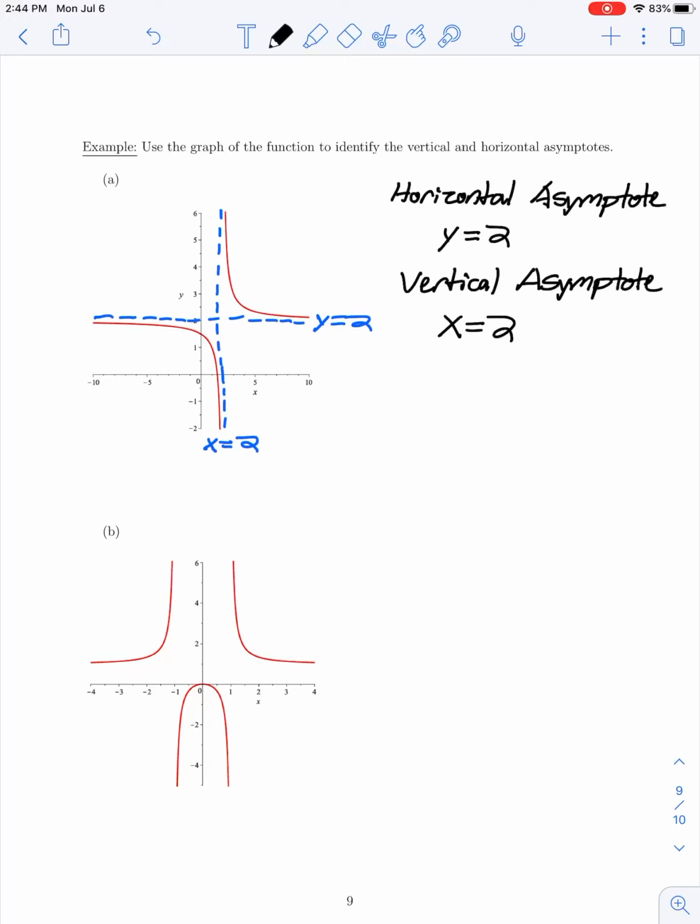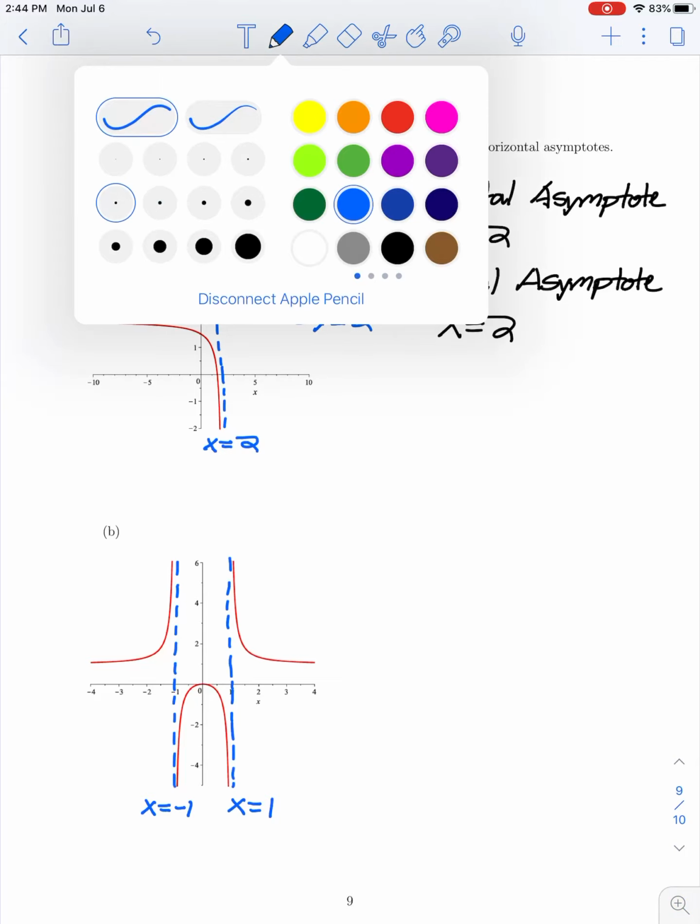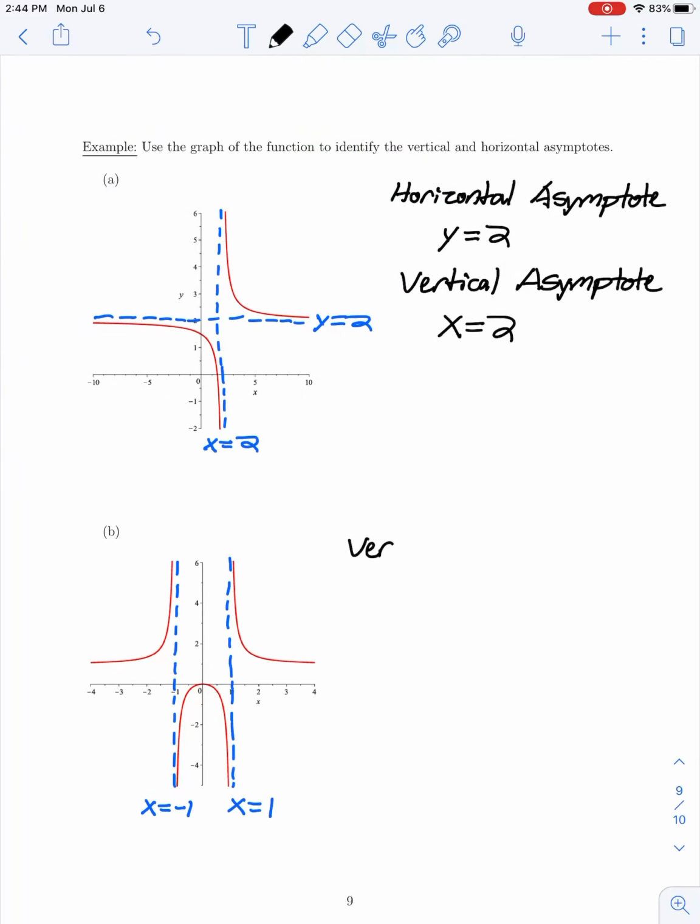So in part B, we have the graph of a similar function. And by examining our graph, we see that we have infinite limits as x is approaching -1 or as x is approaching +1. So these would be vertical asymptotes at x equals -1 or x equals 1.